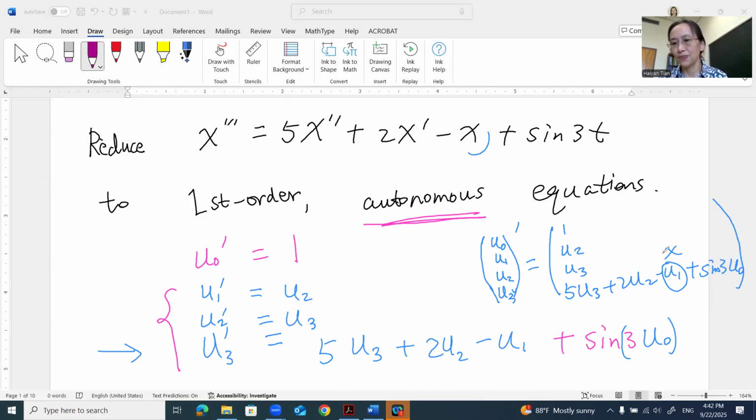That is not supposed to appear again. So your U1 is a function, X is something else. You want to make your new system well-defined and clear. So once you name the X as U1, then that X should be called U1 from now on, right? So that's your new system here.